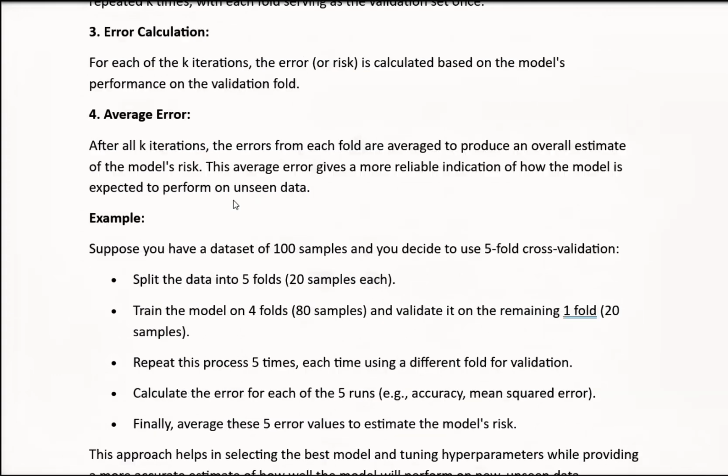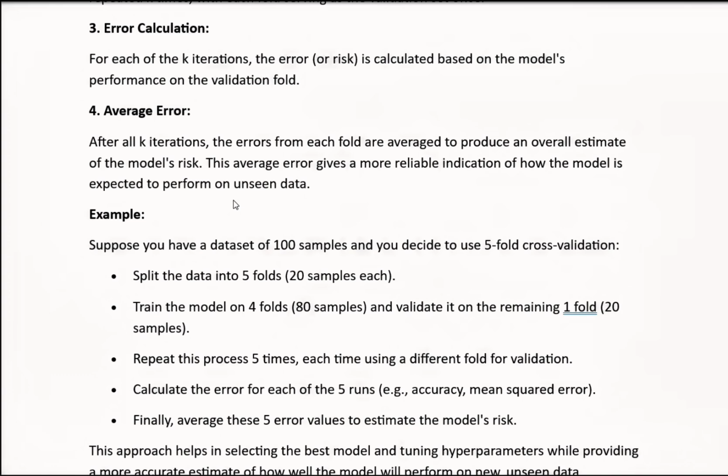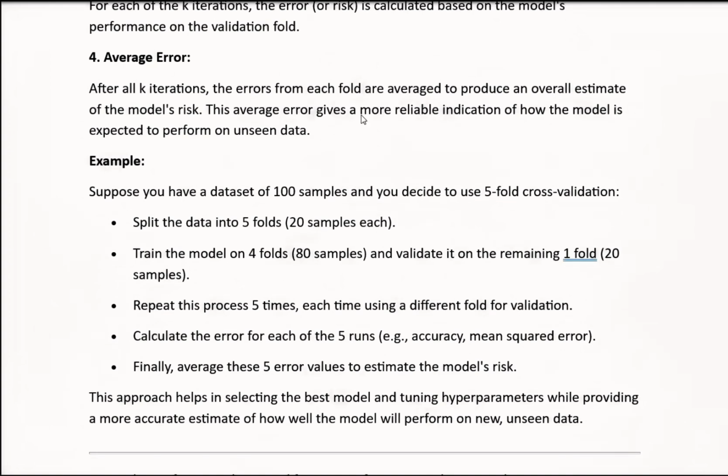Validation fold. Next one is average loss. After all K iterations, the errors from each fold are averaged to produce an overall estimate of the model's risk. The average error gives a more reliable indication of how the model is expected to perform on unseen data.